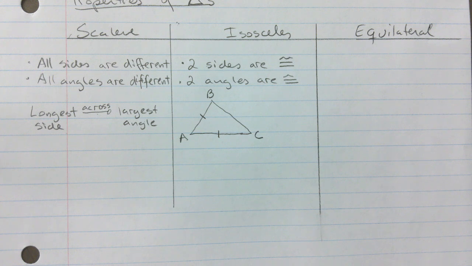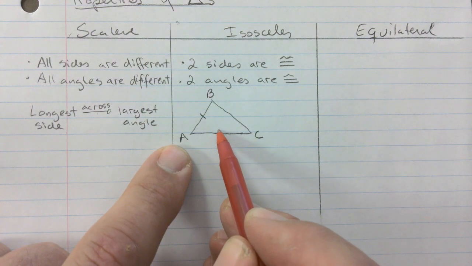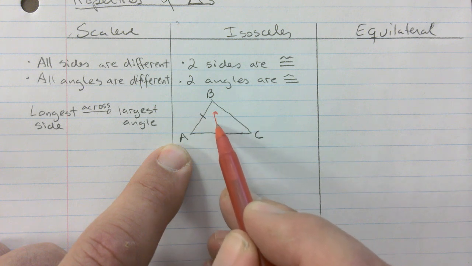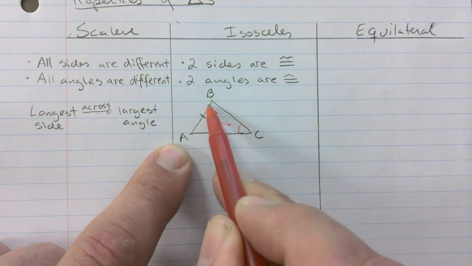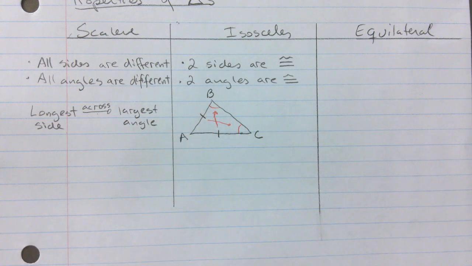B and C? Yeah, it's going to be B and C, because watch. This side is across from B, and this side is across from C. So it's these two angles that are going to be congruent.